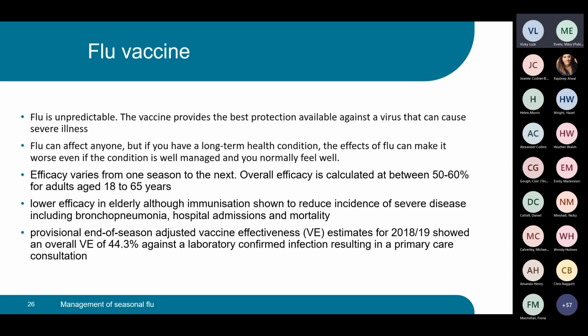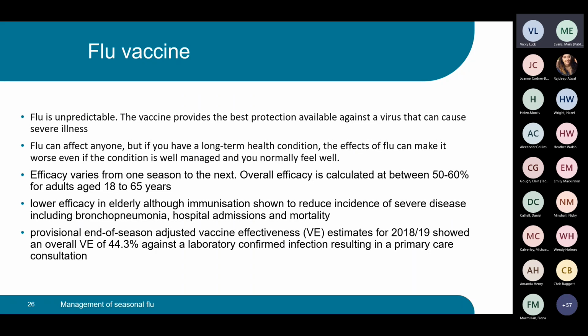Efficacy of the vaccine does vary from one season to the next, and overall efficacy is calculated between 50 and 60% for adults aged 18 to 65. Lower efficacy is seen in the elderly, although immunisation is shown to reduce incidence of severe disease, including bronchopneumonia, hospital admissions and mortality.